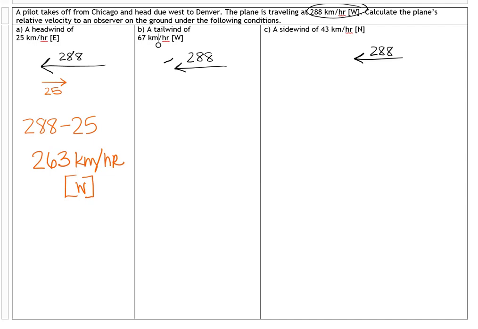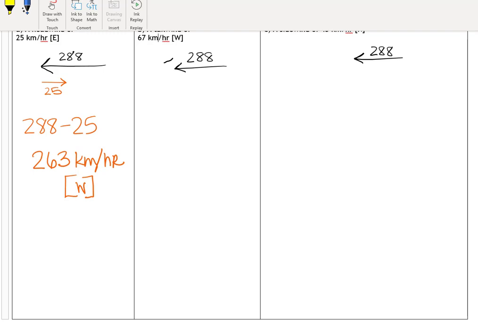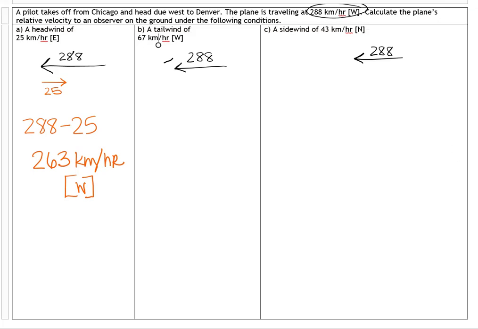So then now this next one is just about the same thing, except this time we have a tailwind. Now this means wind at the plane's tail. So think like it's wind pushing on your butt, making you go faster. So we have 67 kilometers per hour in the same direction that the plane is going in.